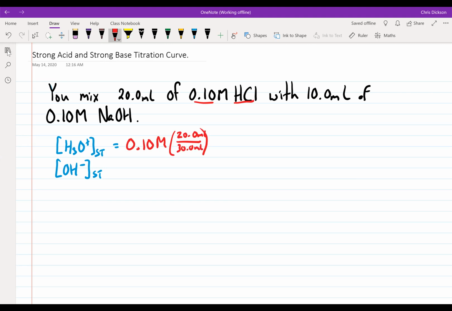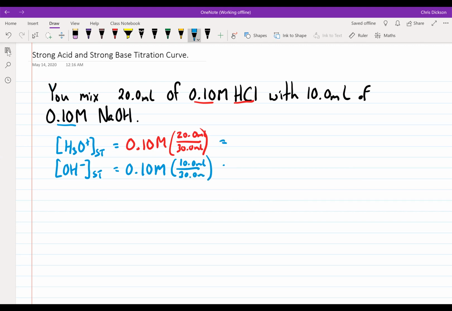For the hydroxide, it is 0.10 molar multiplied by a dilution factor of 10 milliliters to 30 milliliters.